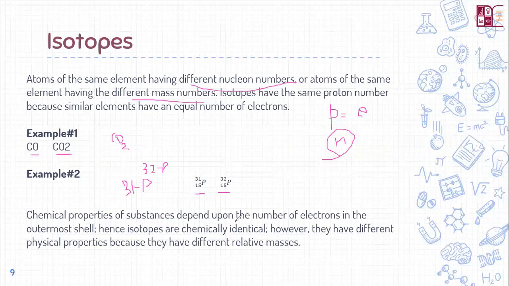They both are isotopes of phosphorus because they have the same number of protons, as you can see, 15 and 15, and they have different nucleon numbers, that is 31 and 32. This is why they have different numbers of neutrons as well.